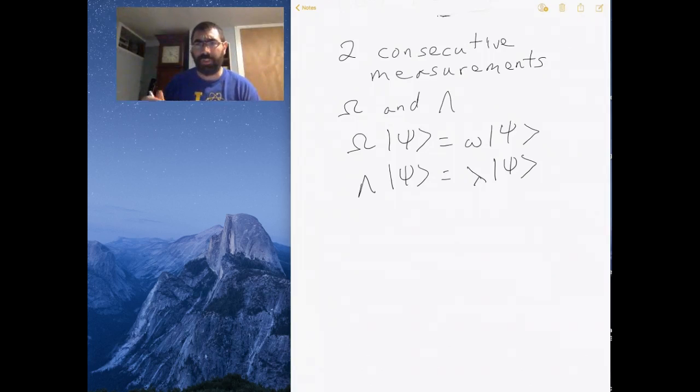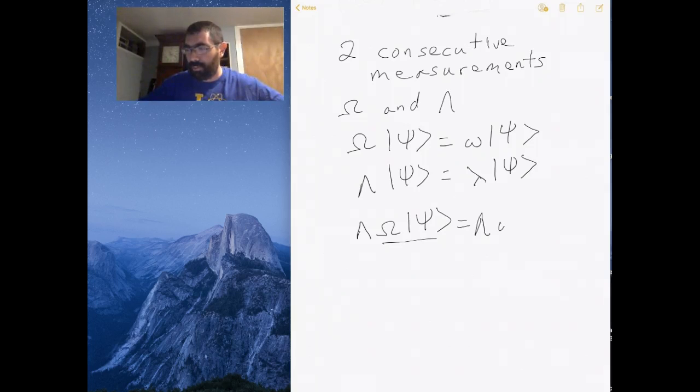So if I have two consecutive measurements, let's say I first measure omega, and after I do that, I measure lambda.